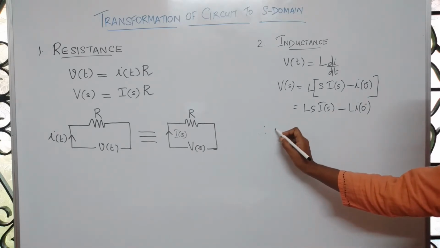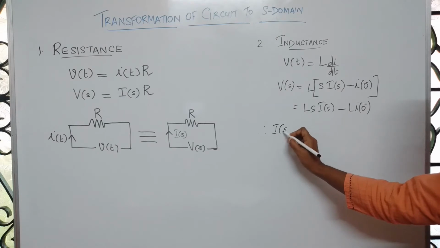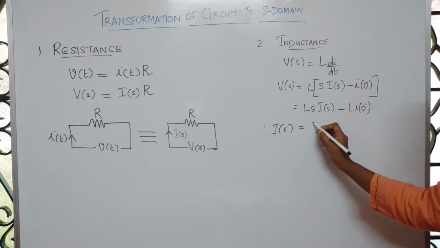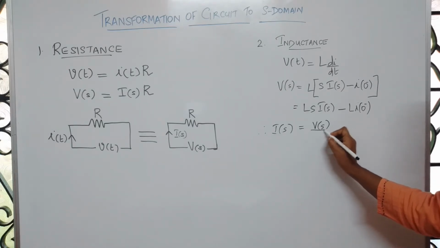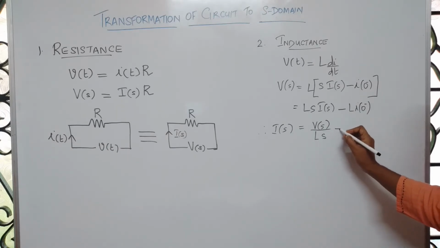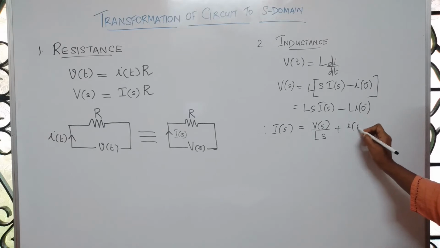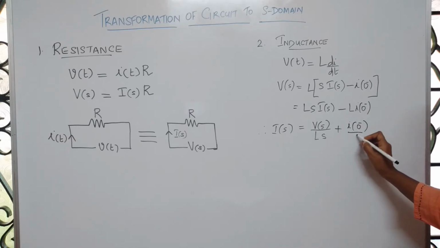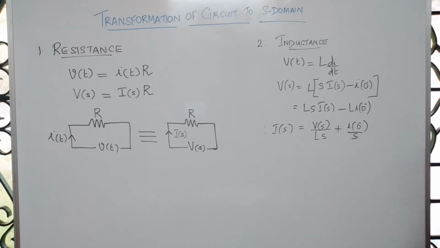Or what will be I of s? I of s will be V of s by Ls plus I of 0 minus by s. So this is how you represent voltage of inductor and current flowing through inductor in S domain.